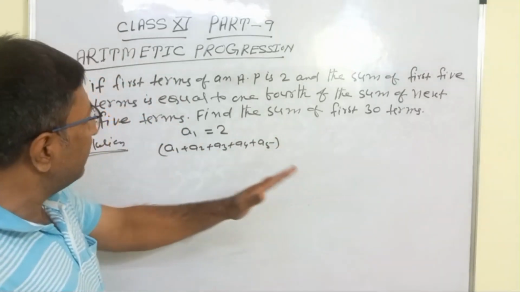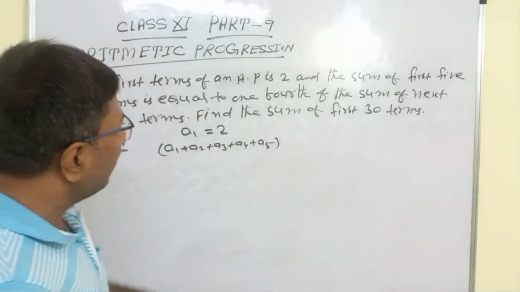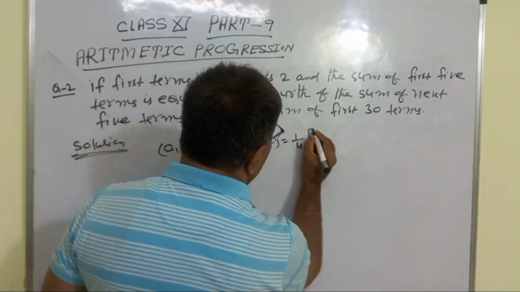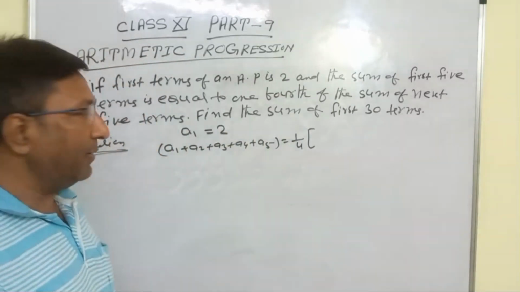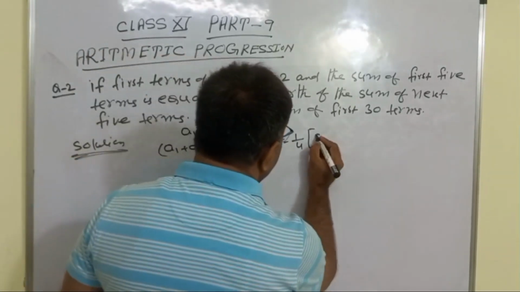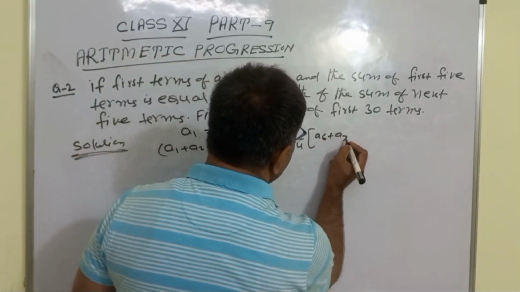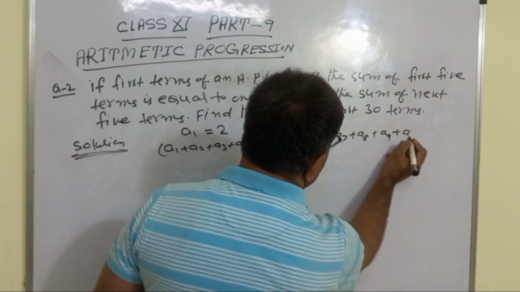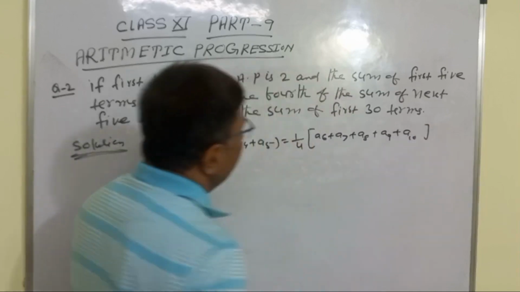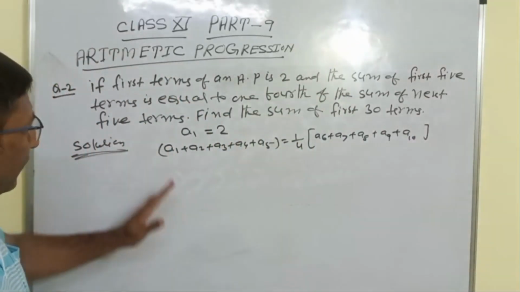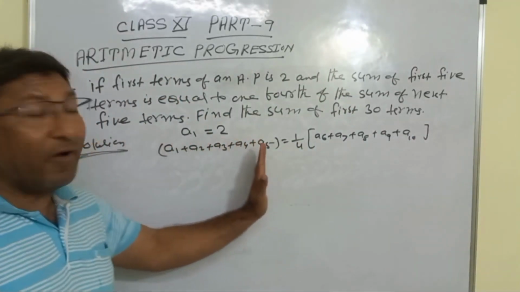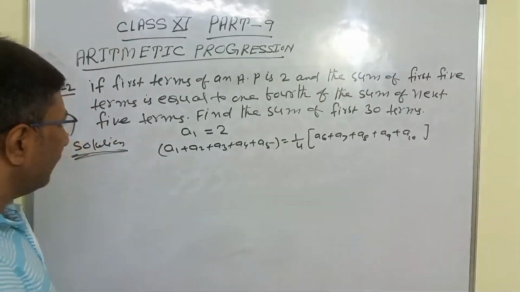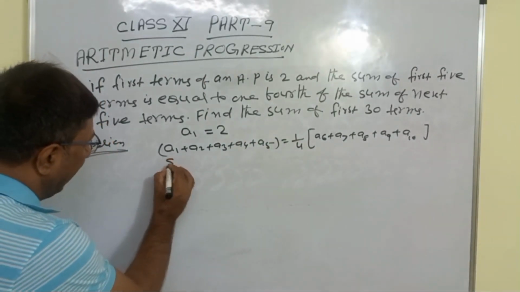So the sum of the first 5 terms is equal to 1/4 of the sum of the next 5 terms, that means A6, A7, A8, A9 and A10. Right? It is given. Now you know the sum of the first 5 terms is known as Sn, so we can write here S5.